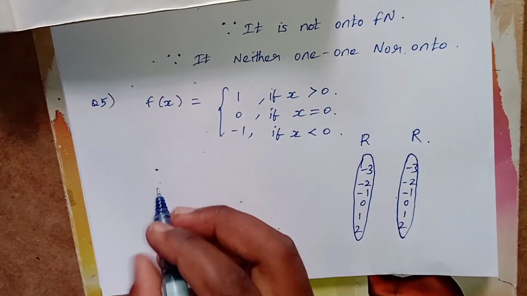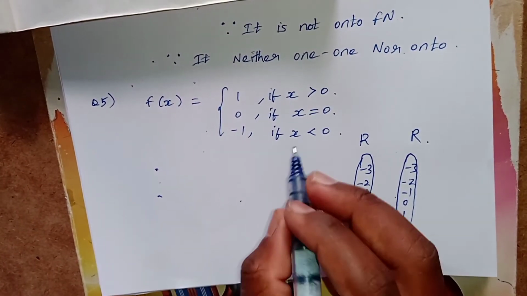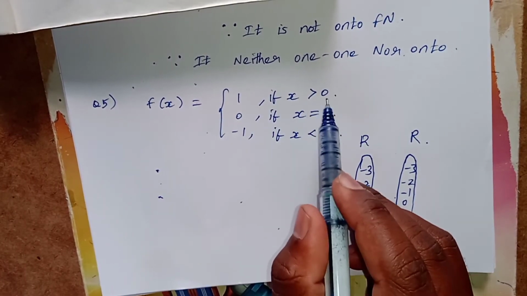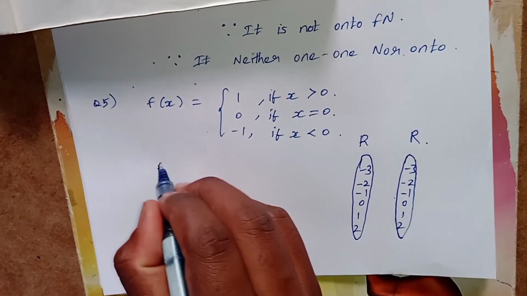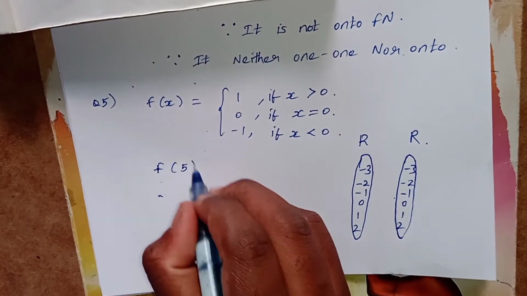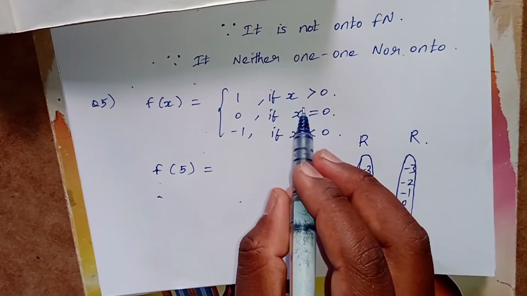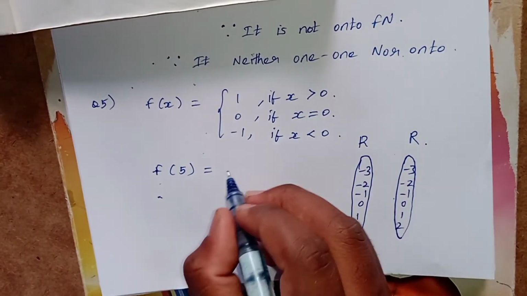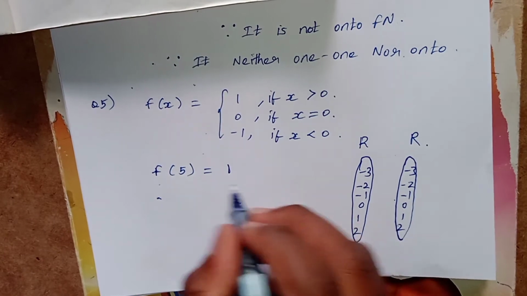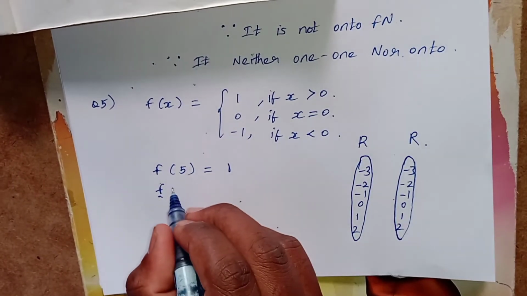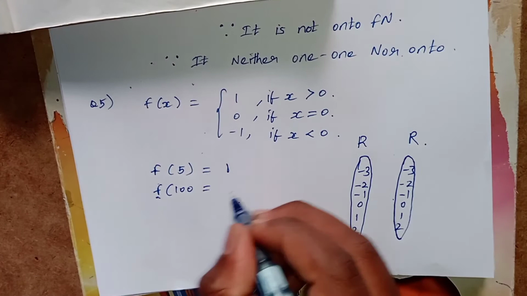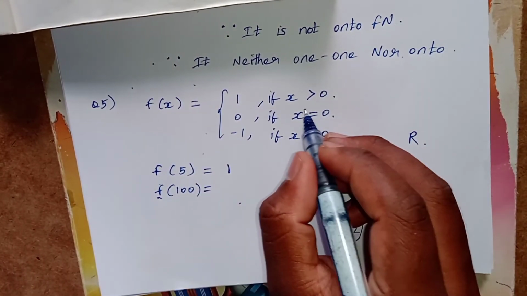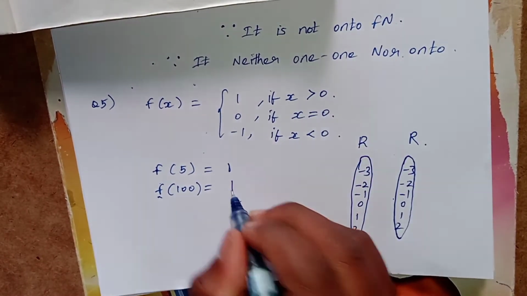Okay, here 1 if x greater than 0. If I take f of 5, then here 5 is greater than 0, therefore here it is 1. Okay, if I take f of 100, 100 is greater than 0, therefore here it is 1.